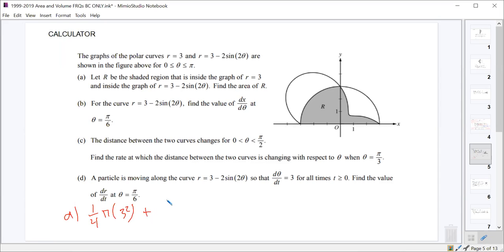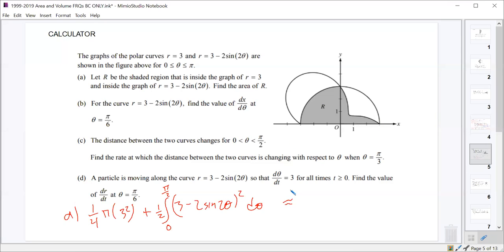And then we will add to that 1/2 of the integral from 0 to pi over 2 of 3 minus 2 sine 2 theta squared d theta. So we get 9 pi over 4 plus whatever this integral from 0 to pi over 2 comes out to be.